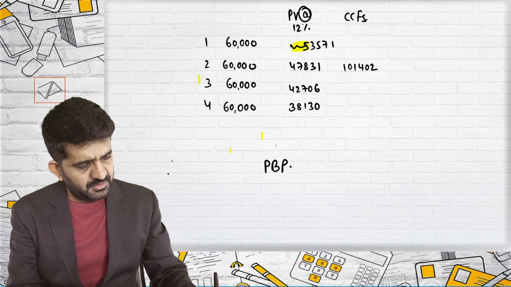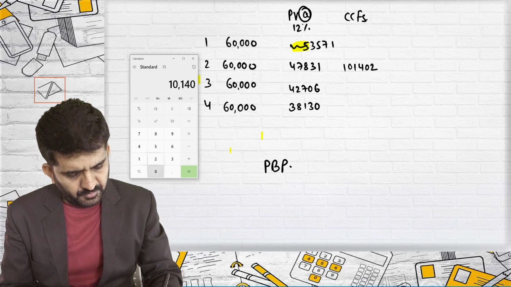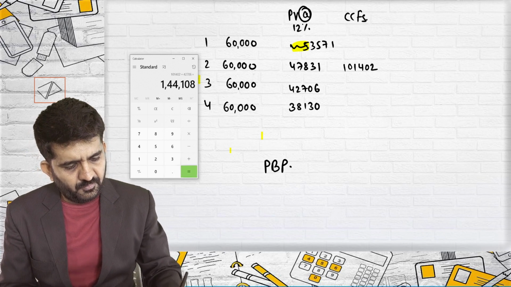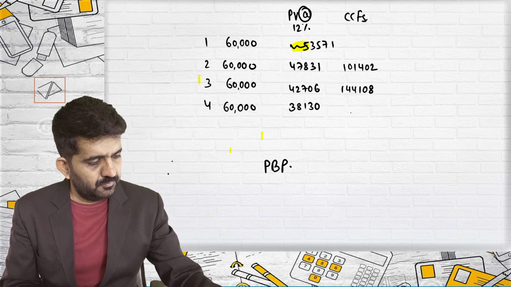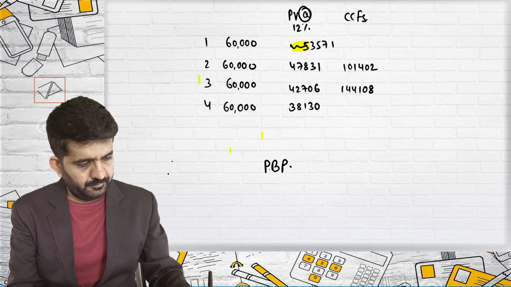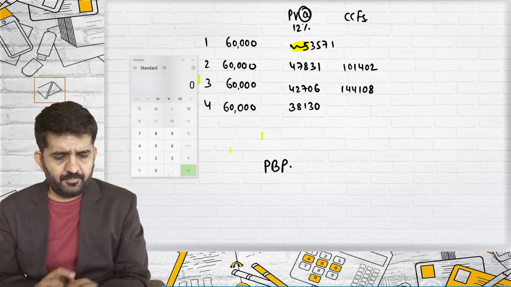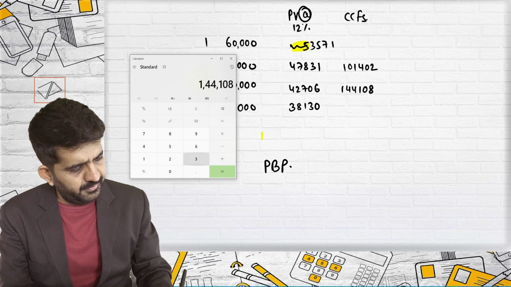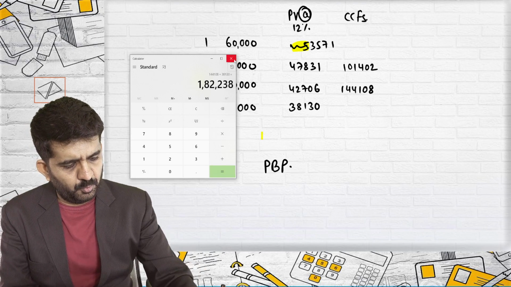Plus 42,706 gives 144,108. 144,108 plus 38,130 is 182,238.